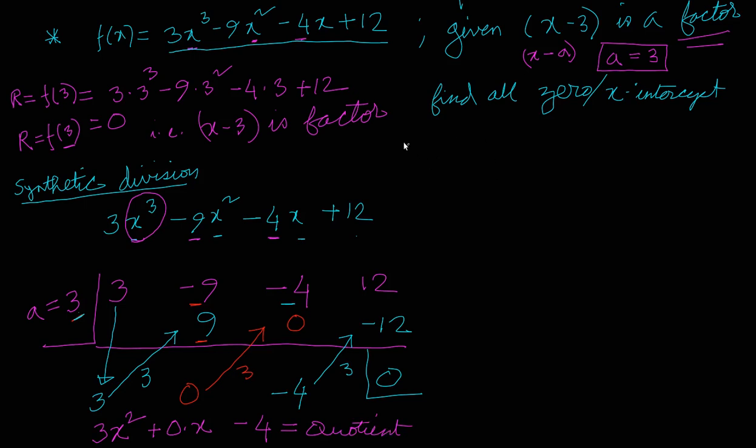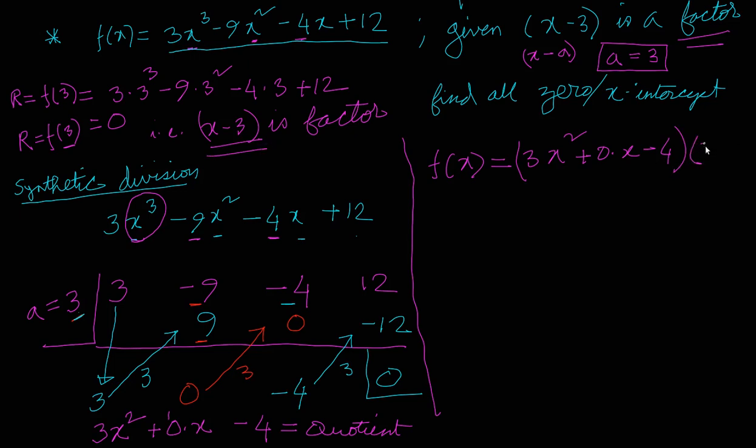So how can I write my function? My function of x equals the quotient, 3x square plus 0x minus 4, multiplied by my factor x minus 3. I want to find all the real zeros or x-intercepts, so I need to equate the function of x to 0.